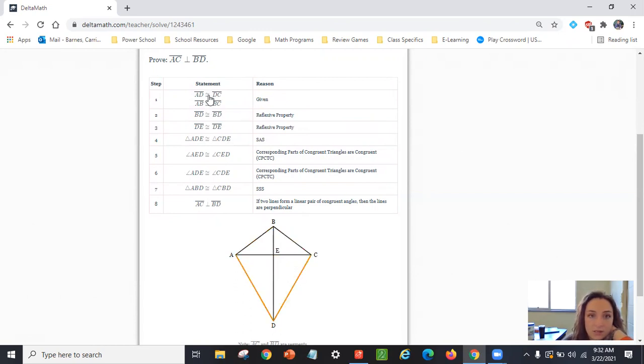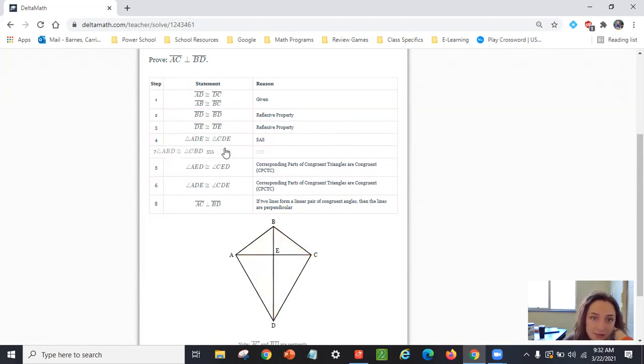Okay, so you can see the two segments that were given here. All right, and then we're given the reflexive. So these three statements all together, we're talking about AD, AB, and then BD. So looking here, that's this whole triangle right here. So ABD, that's going to be the triangle congruence we're going to pull. So this one can go next.